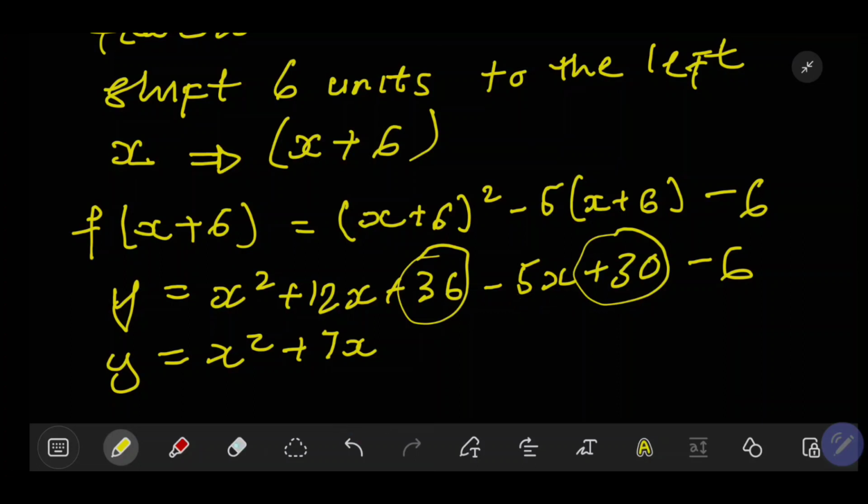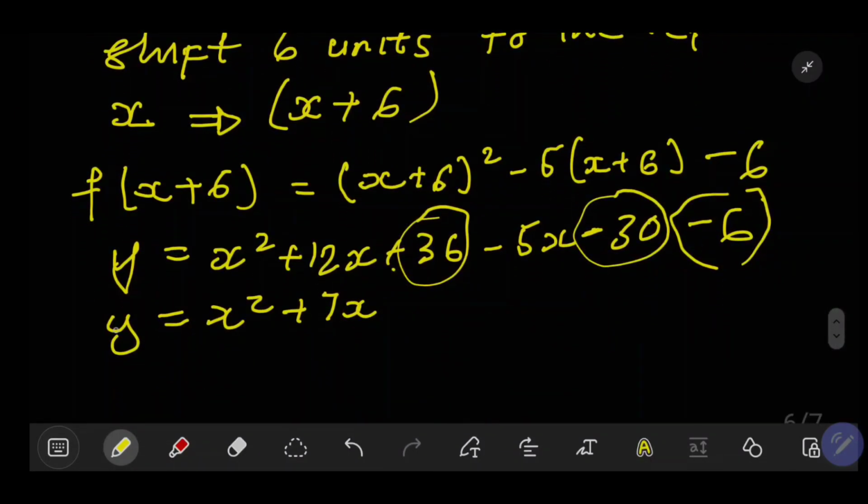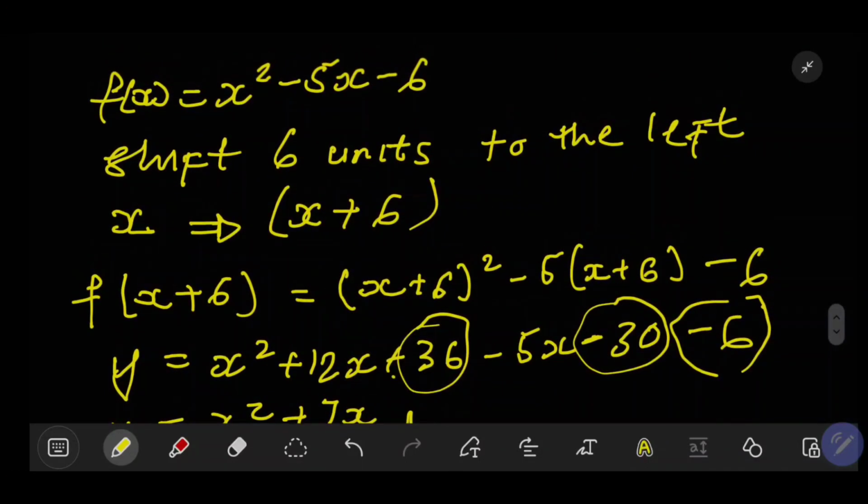Here it should be negative. Negative by positive is negative. I'm sorry. Then we remain with positive 6, and then minus 6 gives you 0. So now our new equation, when we shift the graph 6 units to the left, becomes like this. So when you go to the left, you add.